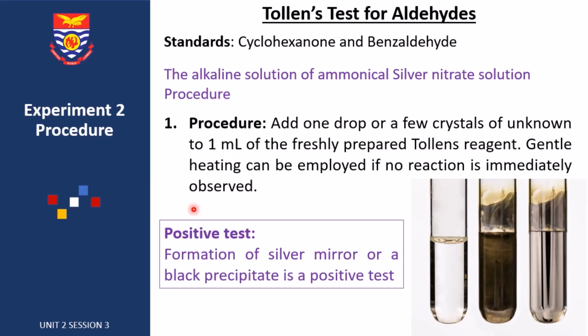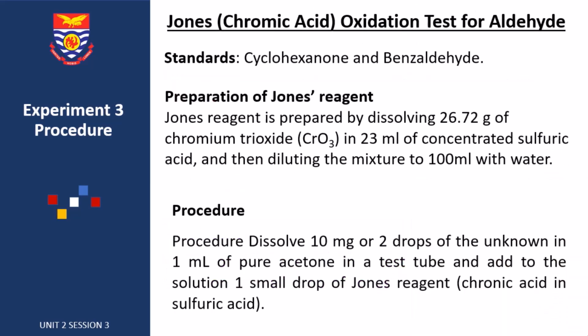A positive Tollens test for aldehydes is the formation of a silver mirror or a black precipitate, which indicates the presence of aldehydes.